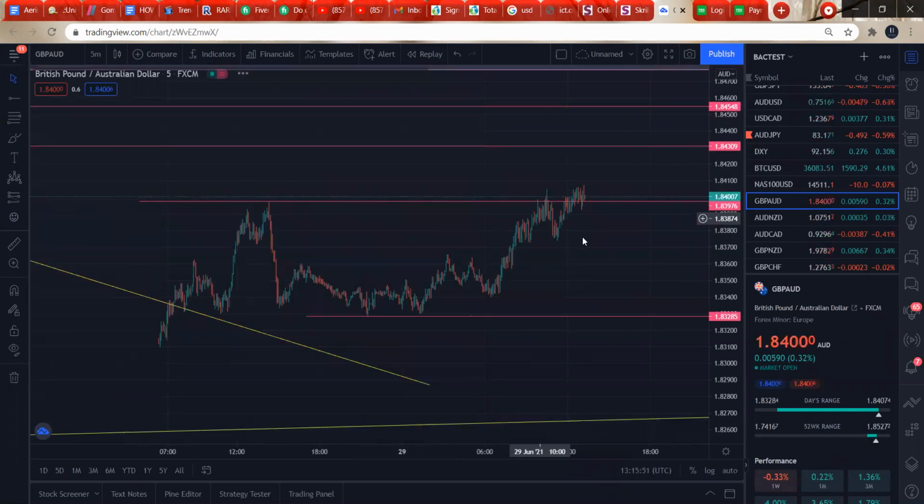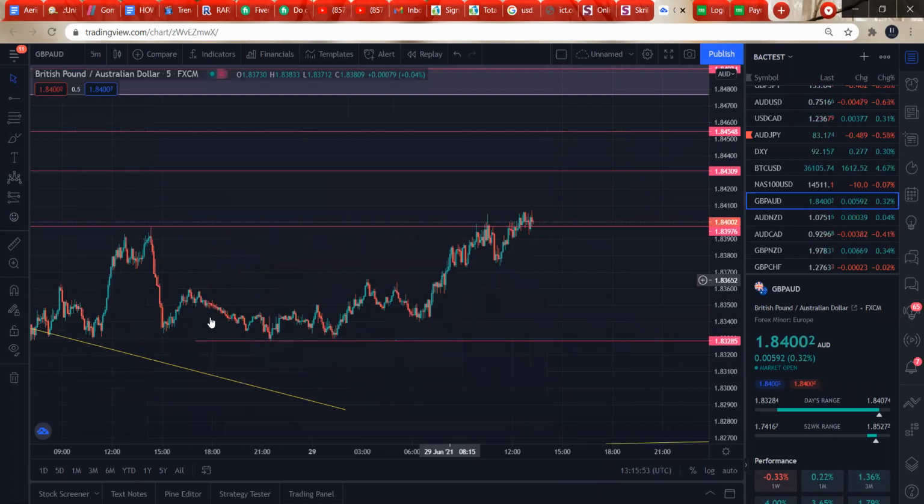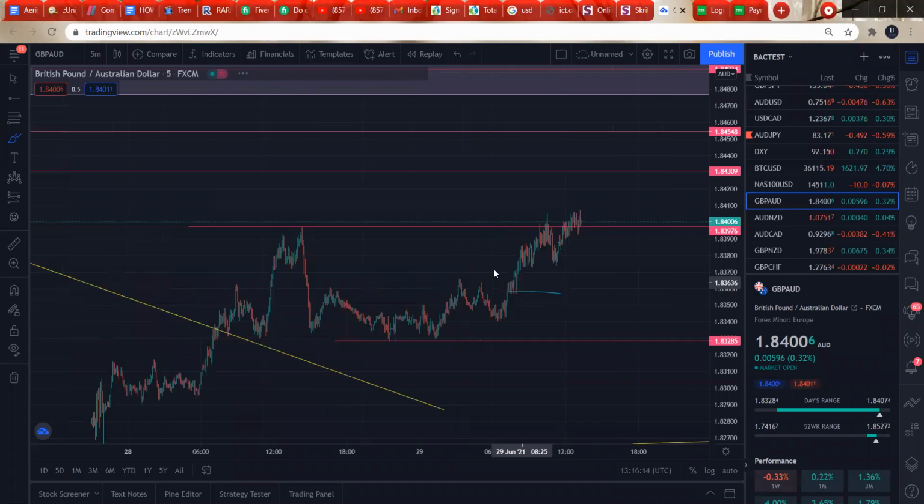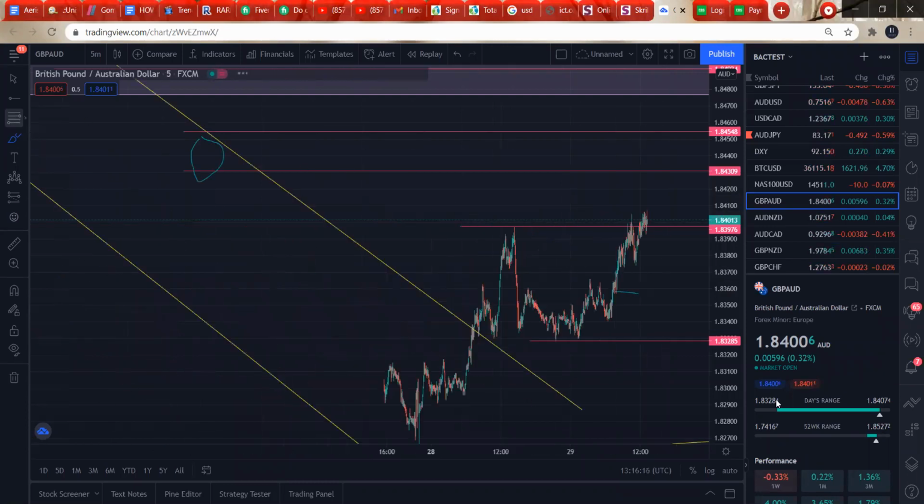But I don't think that's going to happen, because you can see it broke the tops very nicely. If it's going to come down, it can only come down to test this order block that it left here, and then continue with the move to the upside. That's when we'll be expecting that this market will then reverse.